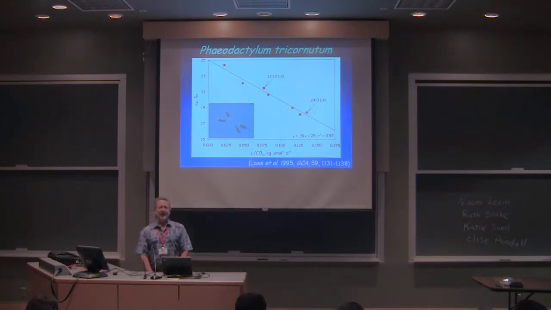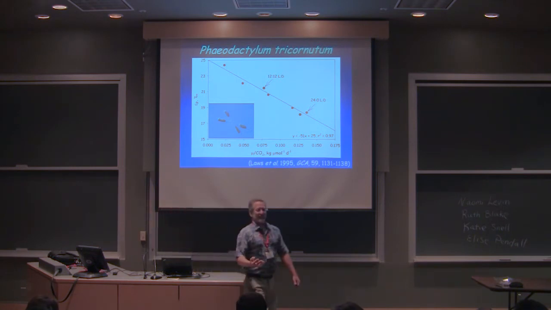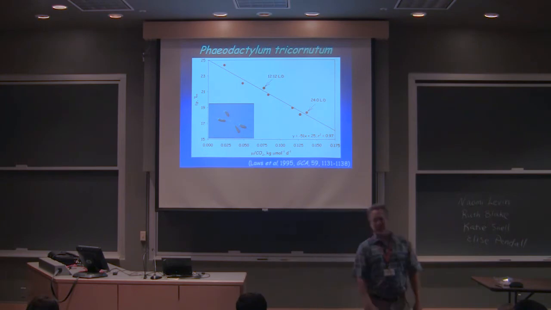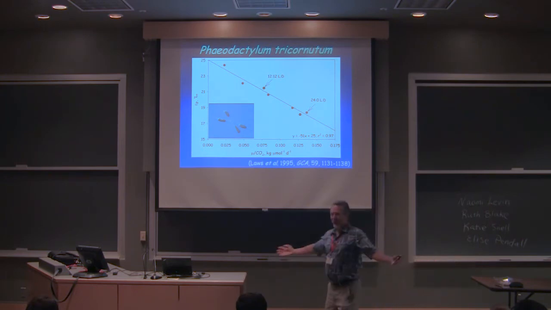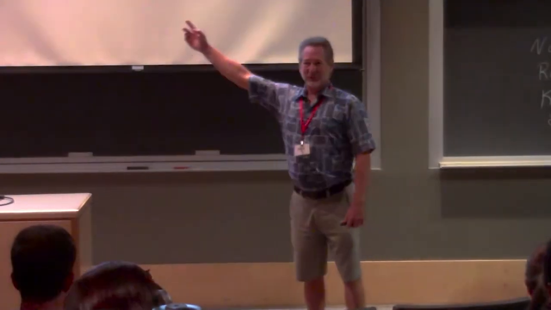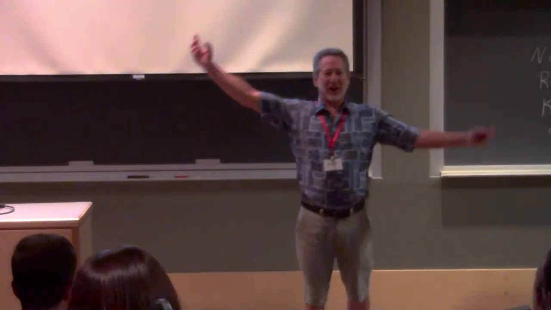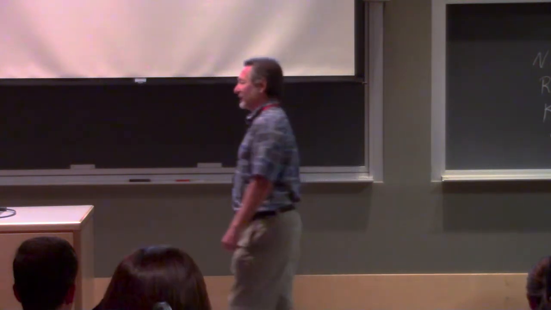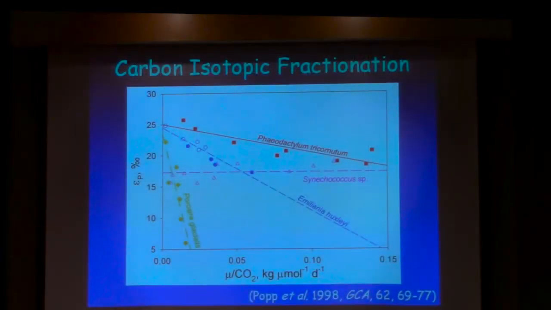We thought, okay, we can't base the geologic history of atmospheric CO2 on a laboratory weed. So what would you do if you found this result? You go out and get other species and grow them the same way, right? Yeah, so we did. And that's the relationship we got.